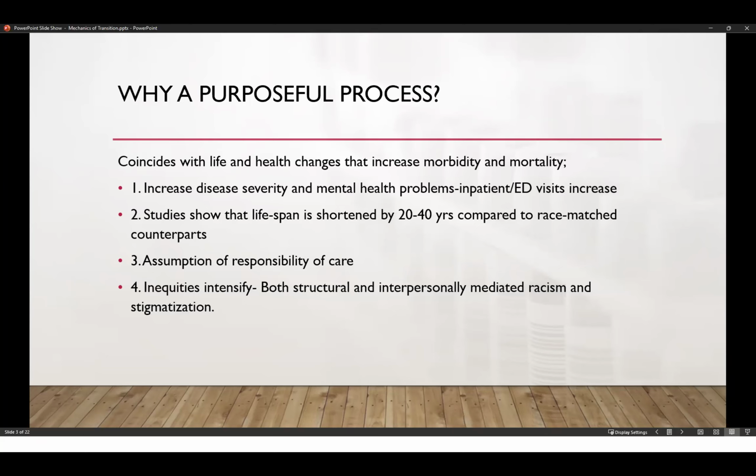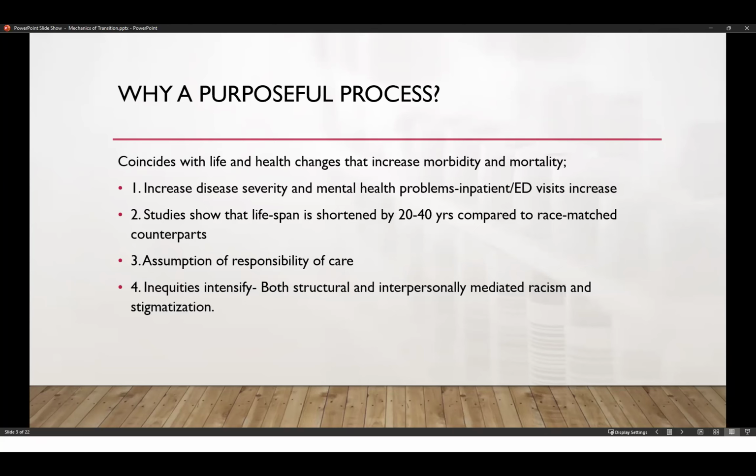And then around this time, there is assumption of responsibility of care. We know that patients from this age are taking more responsibility for their own care. They are calling to schedule appointments. They are calling in their refills. They may actually start driving. They may be entertaining some new jobs and stuff like that. So overall, this time becomes a bit stressful, coupled with transition.